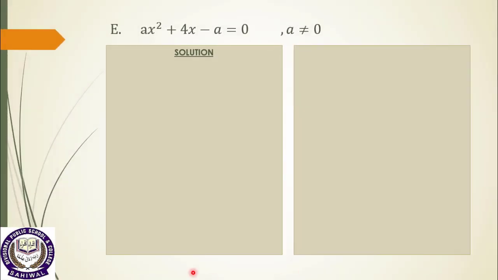Now, our next question is ax square plus 4x minus a equal to 0. As this is a generalized question and the value of a is not mentioned, we assume that a should not be equal to 0.